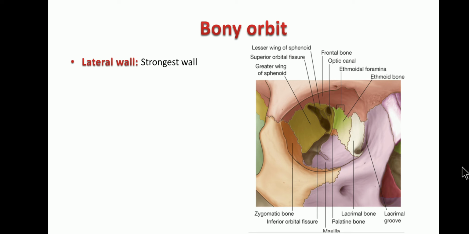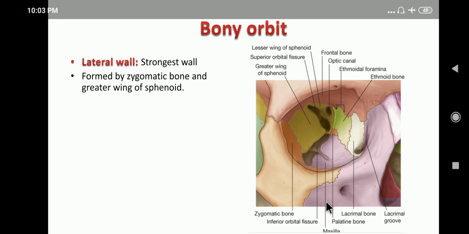It is mainly formed by the zygomatic bone, and then more posteriorly the orbital surface of the greater wing of the sphenoid. The zygomatic bone and the greater wing of the sphenoid form the lateral wall of the orbit.